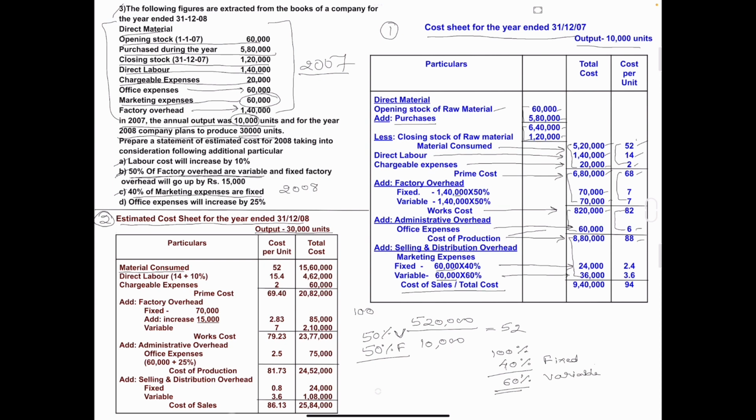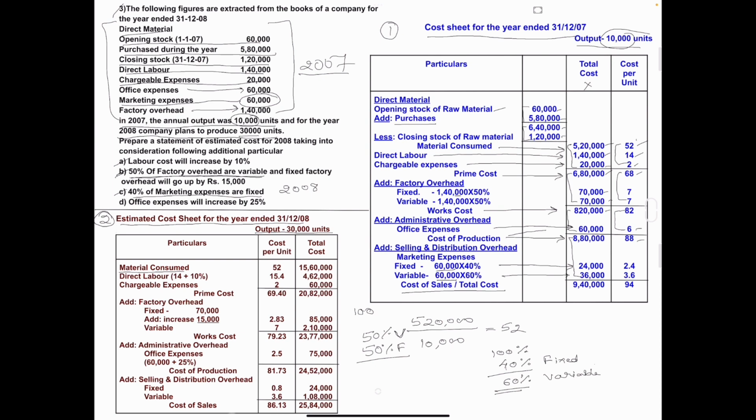For that we have to refer previous year cost sheet, that is cost sheet for the year ended 2007, and we have to refer cost per unit column and not total cost column, because this total cost is related to 10,000 units, and for the year 2008 the output is 30,000 units. So just concentrate on cost per unit column.